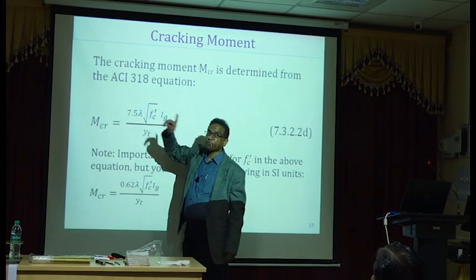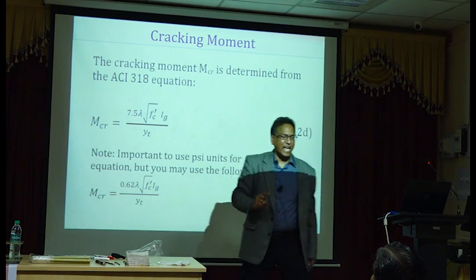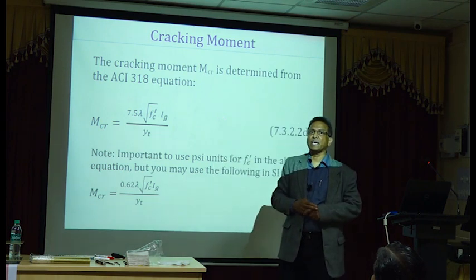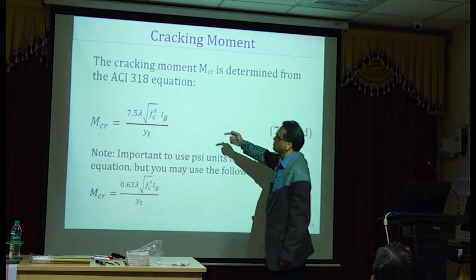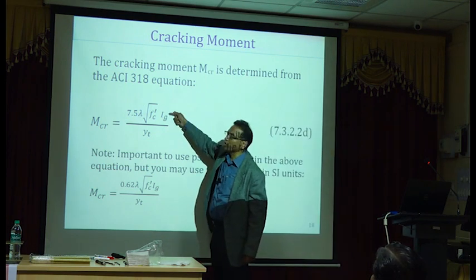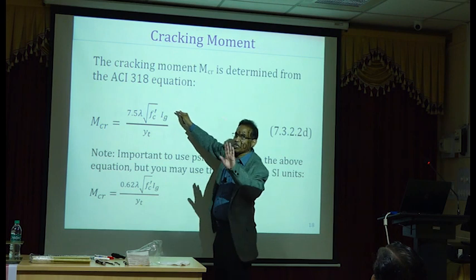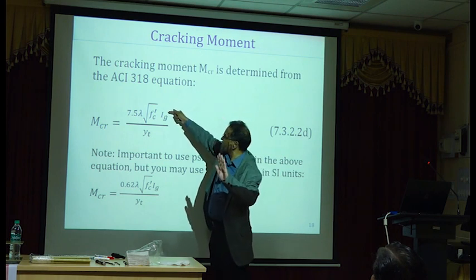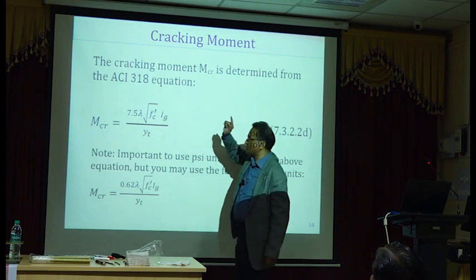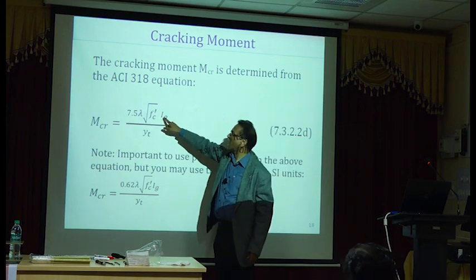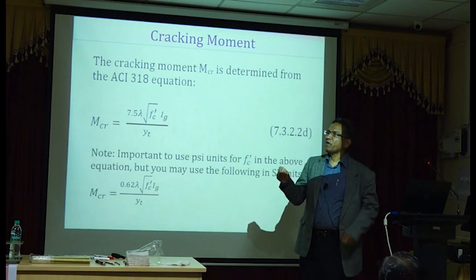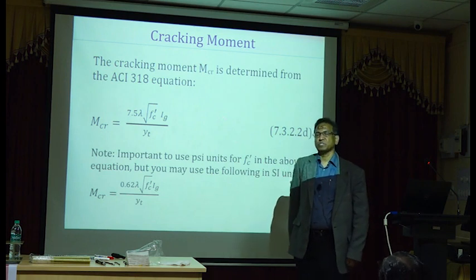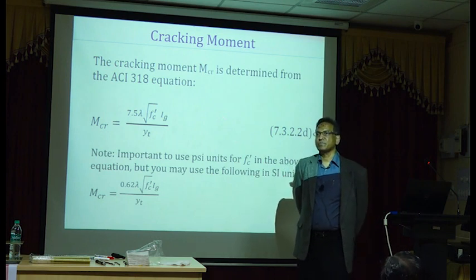Somebody said it's based on I_cr. I said yes, but that's not correct. My correction: it's based on I_g, the gross moment of inertia of the gross section, which will give you the moment at which the first crack appears in your concrete section.